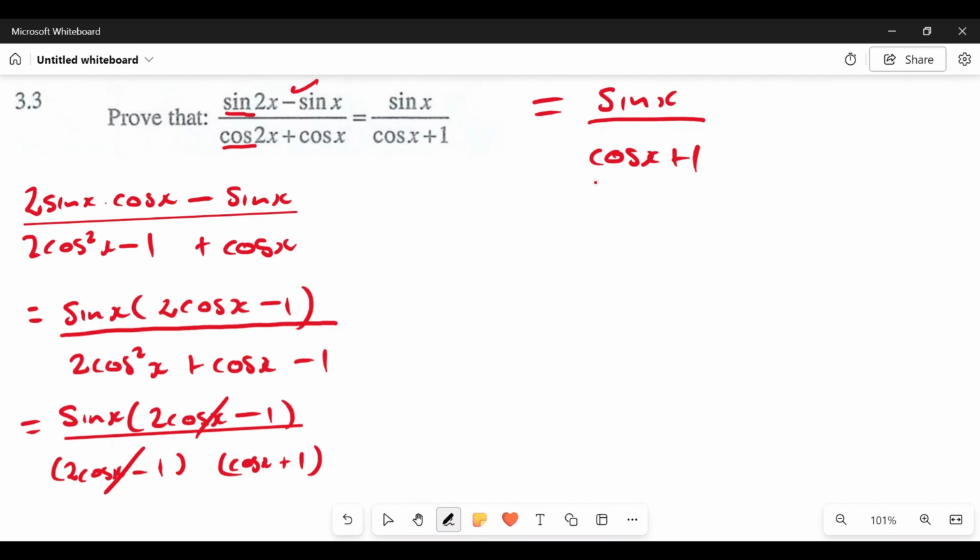Now, if we look at this here, it's the same as that. So we can say, therefore, the right hand side is equal to the left hand side. This was not difficult, guys. It just needed you to know the double angle identities and also know how to simplify the trigonometric functions that we have here.